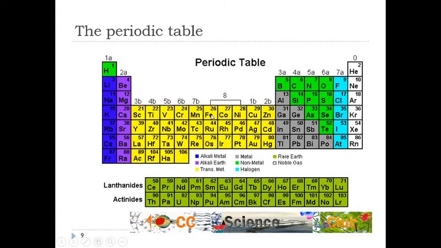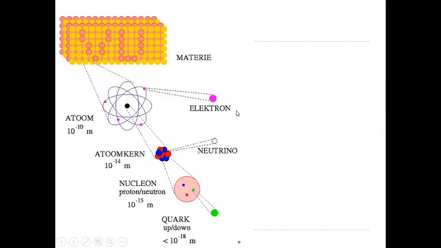We say one element has changed into another, it's transmuted. But now we know the nucleus comprises protons and neutrons, and there is a change from a proton to a neutron. But now that we know the protons and neutrons in turn are made up of quarks, actually it's a change at that level. There are three kinds of quarks, which we won't go into now.